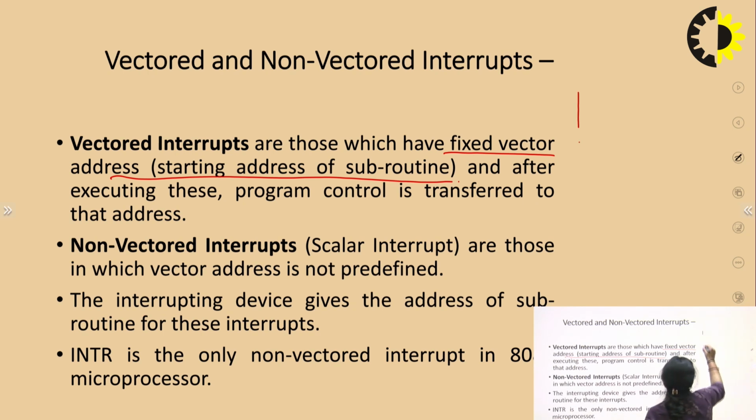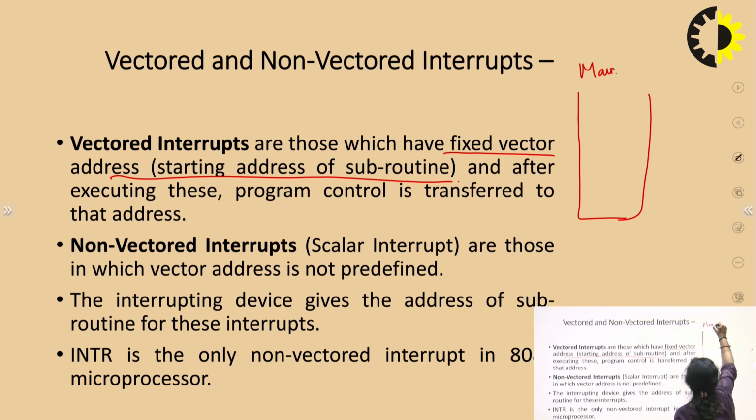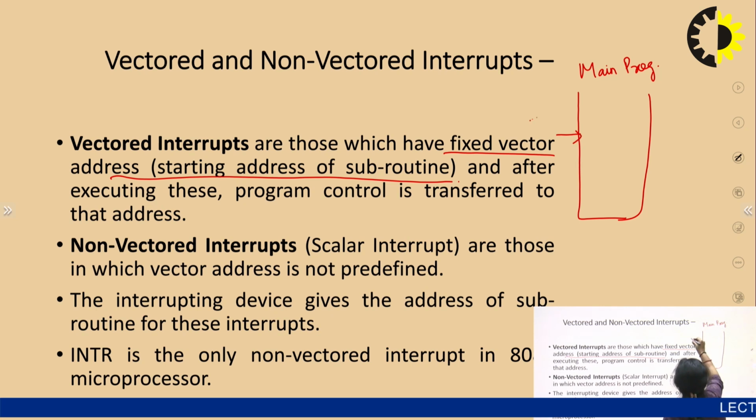For example, this is my main program, 8085 is executing my main program and interrupt TRAP comes. TRAP has a dedicated vectored address 0024H.